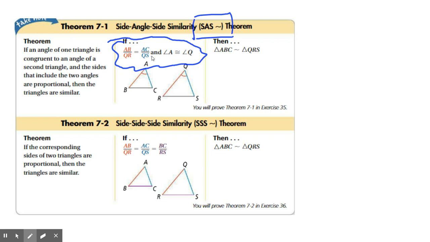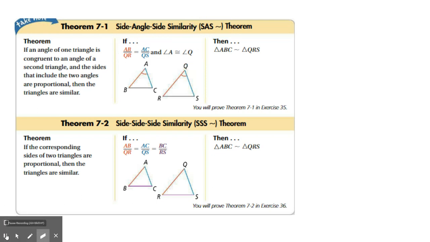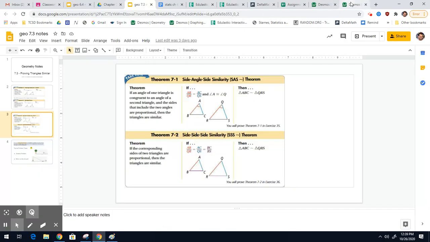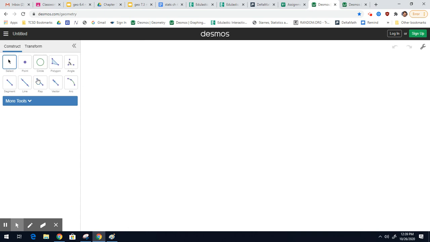All right, so let's try to do our magic with this situation, with one angle and the two sides that surround it. Now I'm going to make the numbers hopefully a little bit better, easier to see, so I don't have to use a calculator, right? So here is one triangle, and I want to make it look like that. There, okay.